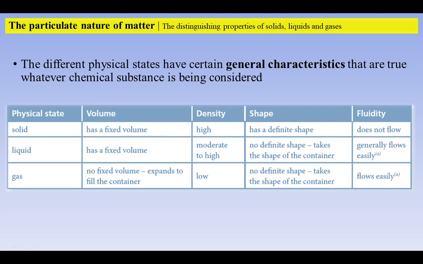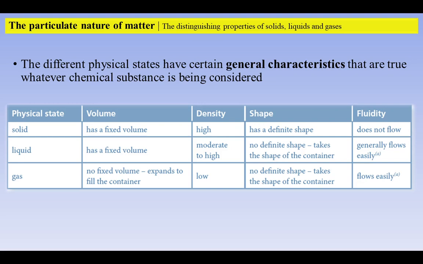Their density is high because, as we said before, the particles are stuck together, one to the other. Okay, so they have a fixed volume and high density. They have a definite shape. Then their fluidity: they do not flow.